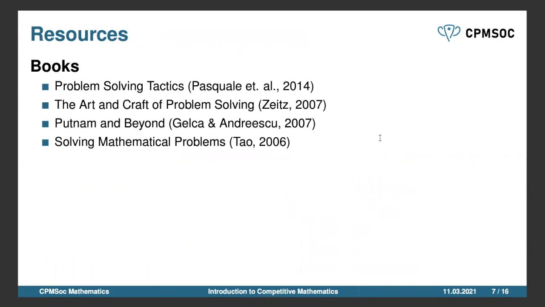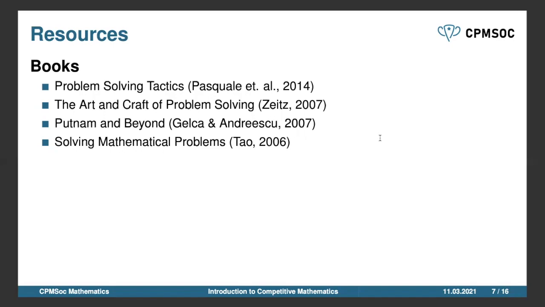So there's a few books that our society has recommended if you want to go deeper into problem solving, but these workshops should be fairly comprehensive if you just want a general overview of the techniques and the strategies and the mindset. And then if you want to get good at competitive mathematics, you can read these books, but I think more effective would be just to do some problems.